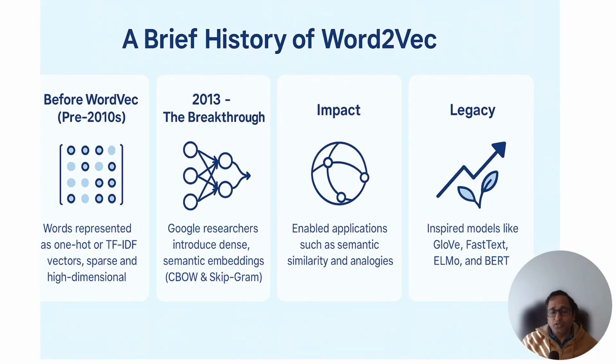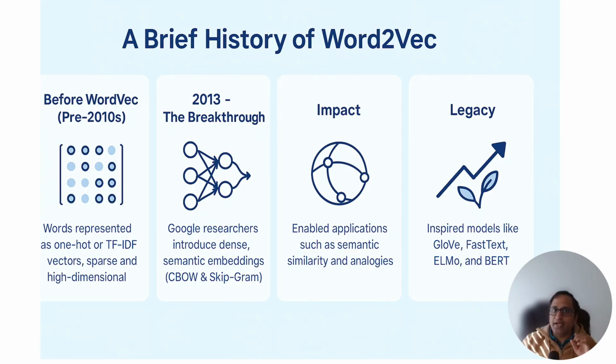Before word2vec, we used techniques like bag of words or TF-IDF. Those capture how frequently words appear, but not the meaning. Then in 2013, a Google research team introduced word2vec. It is a learned, dense, low-dimensional embedding that preserved the relationships between words, something no model had done efficiently before.